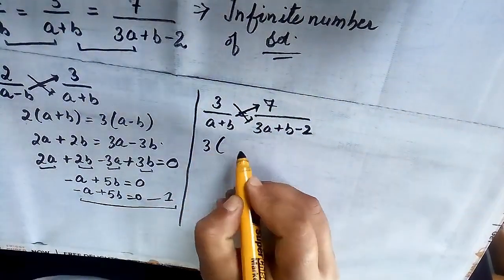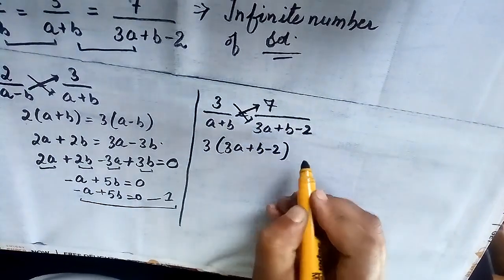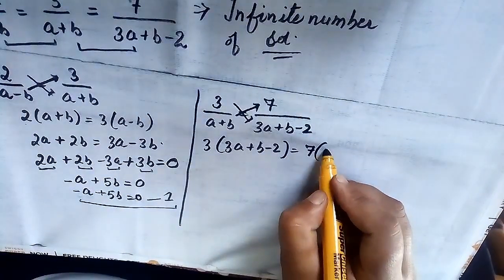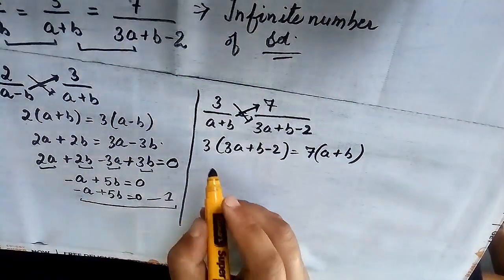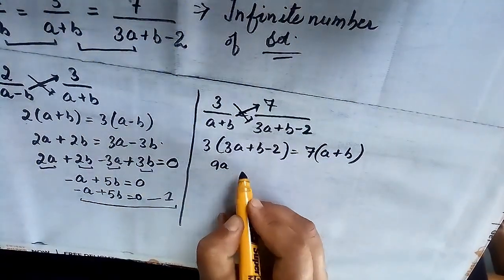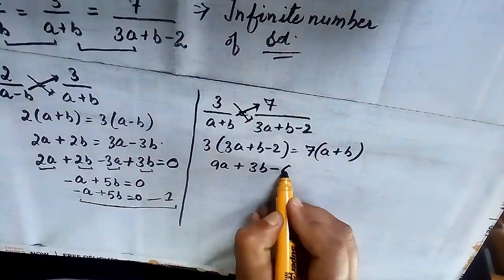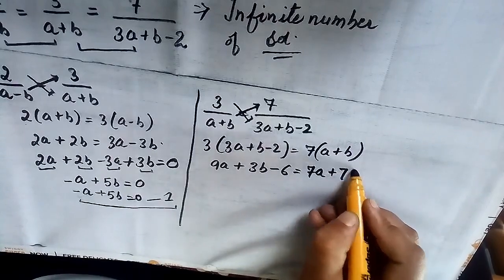Cross multiply: 3 whole into 3a plus b minus 2 equals 7 whole into a plus b. Multiply 3 inside, 3 3s are 9a plus 3b minus 6 equals 7a plus 7b.